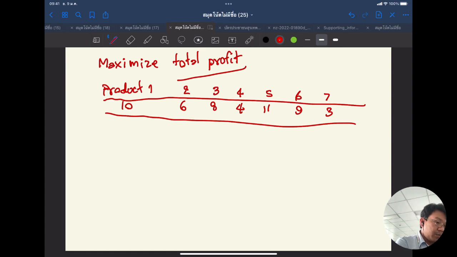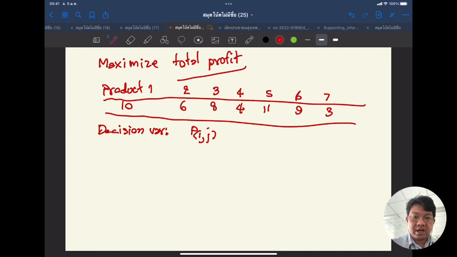So our decision variable can be product I for month J, I mean Pij.